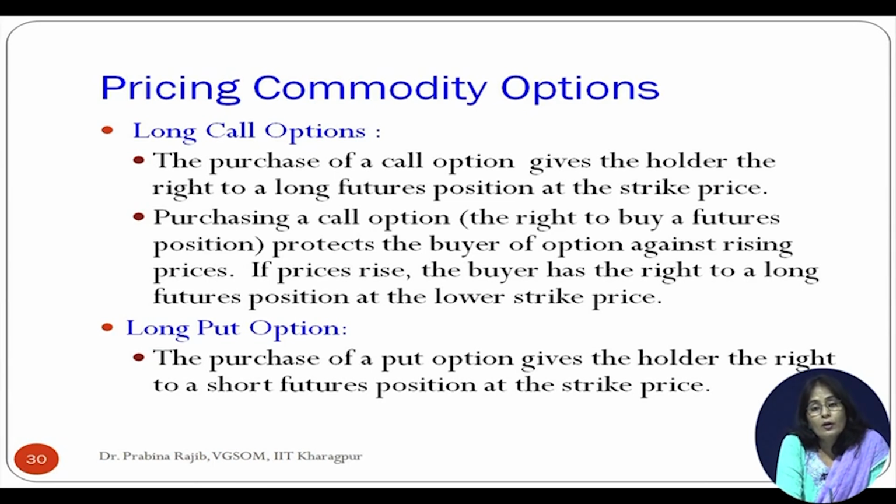If you recall, the exchange-listed commodity options do not have the commodity as the underlying, but they have commodity futures as the underlying. And the long call option position holder, whenever he exercises, gets to take a long position in an underlying commodity futures contract.